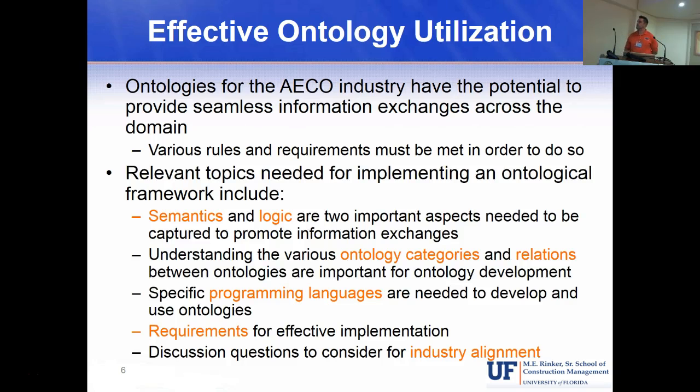Today's topics include the semantic logic needed to capture information exchanges, understanding that there are different categories and levels of abstractness to ontologies, and understanding the different programming languages we can use to encode ontologies. Finally, I will go over a few requirements and open up a few questions to build more consensus and industry alignment.